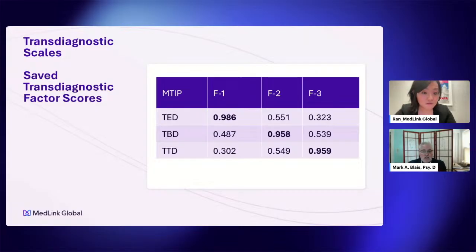The behavioral dysregulation core scale correlated at 0.95 with its second factor. And the thought dysregulation core scale correlated again at 0.95 with the third factor. So our core dimensional transdiagnostic scales are a strong reflection of the underlying structure of the test.